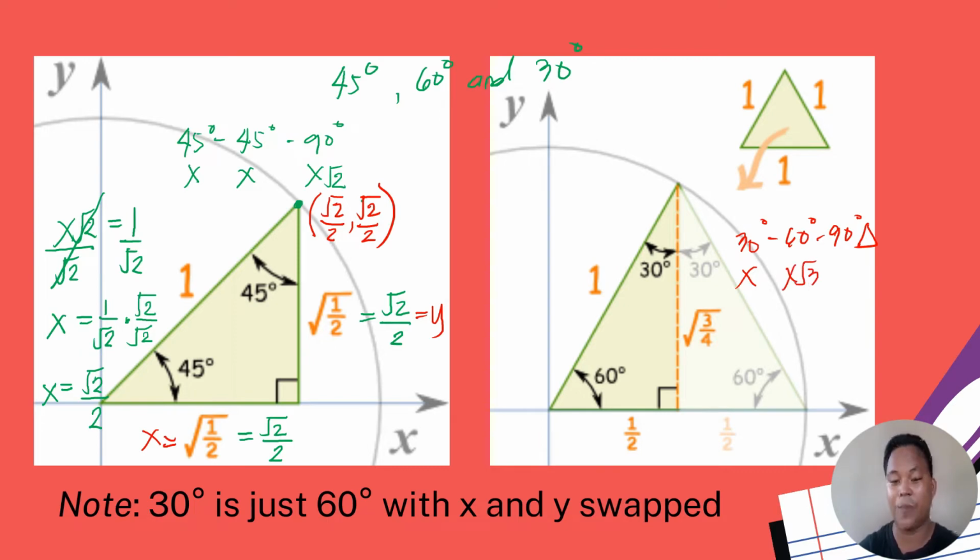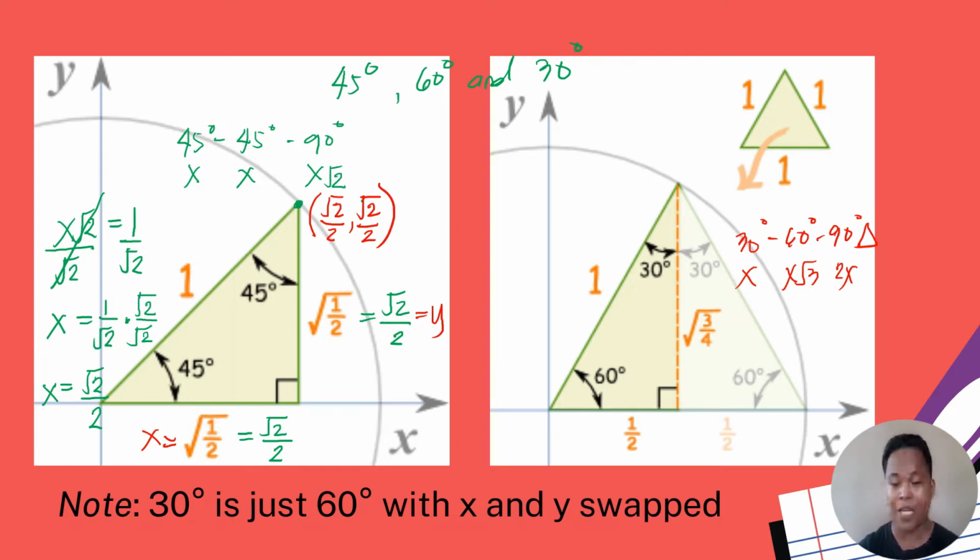So we're going to multiply the length of the side opposite 30 degrees by square root of 3. And the length of the hypotenuse, which is opposite of the 90-degree angle, is equal to 2x. We're going to multiply twice the length of the side opposite 30 degrees.